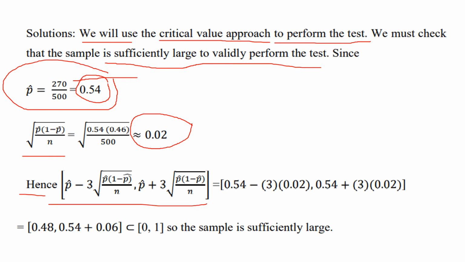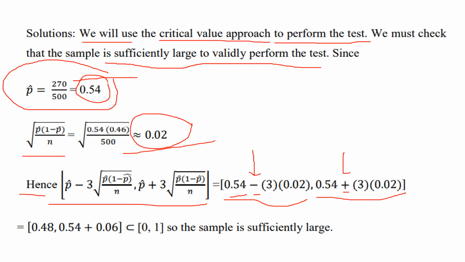So your p hat now is 0.54 plus or minus, as you can see, that will be your lower value and higher value. As you can see, there is a minus and plus sign here. 0.54 plus or minus 3 multiplied by square root of 0.02, as you can see here, no, approximately equal to 0.02.